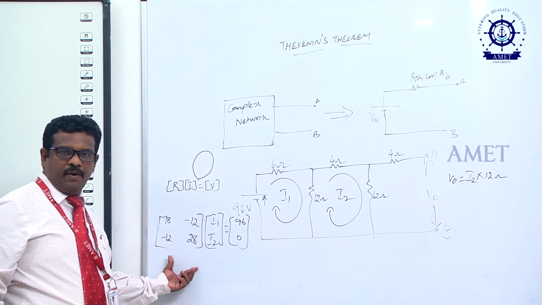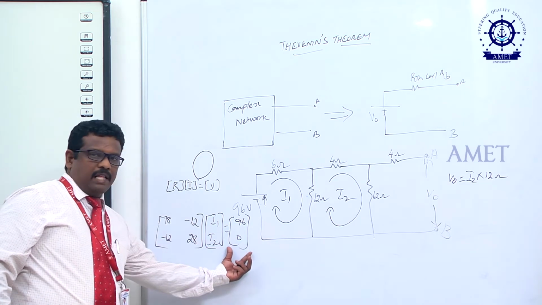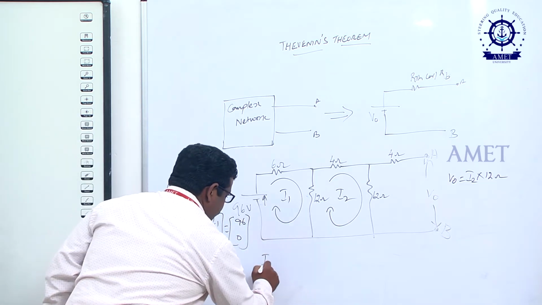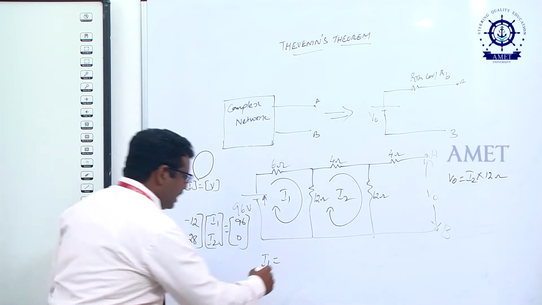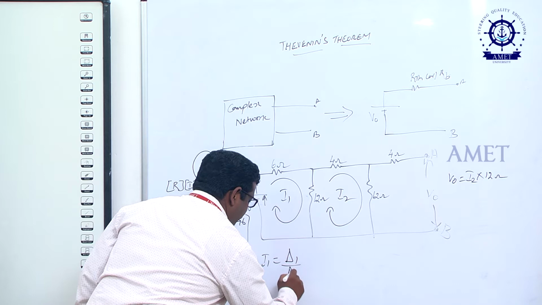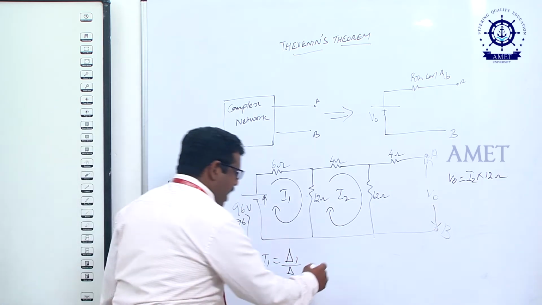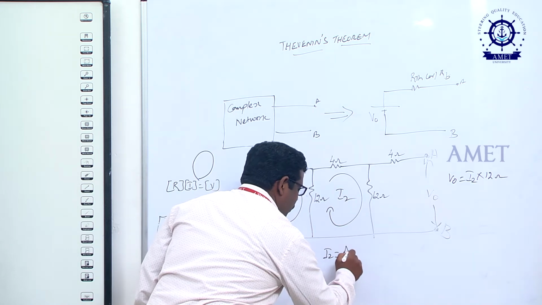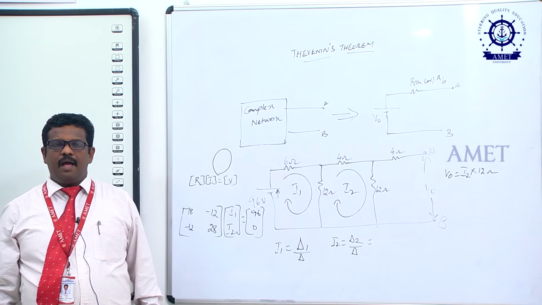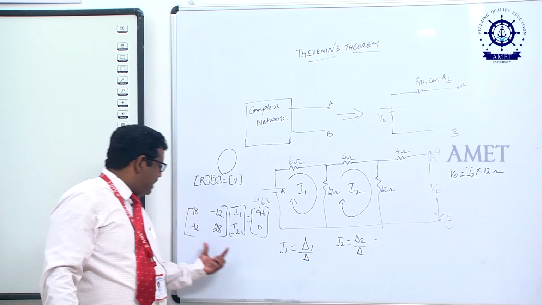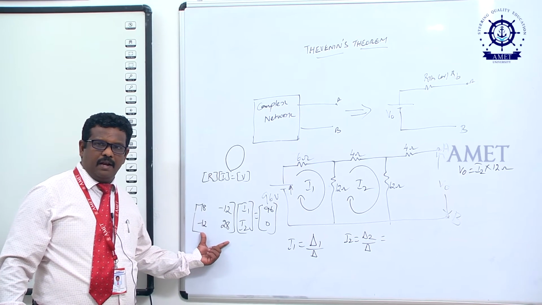Now, you find out the determinant, which is called the delta. What is I1? How to find out the current I1? I1 is nothing but delta 1 by delta, simple by matrices method, determinant method, right. I2 is nothing but delta 2 by delta. Delta is nothing but the determinant of the resistance matrix, called the delta.